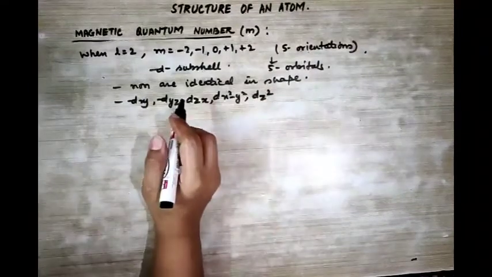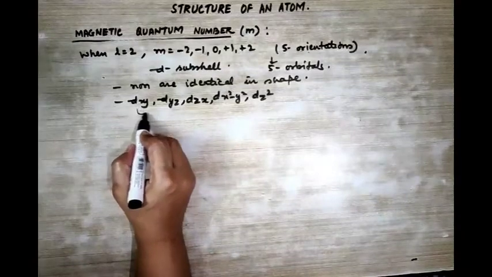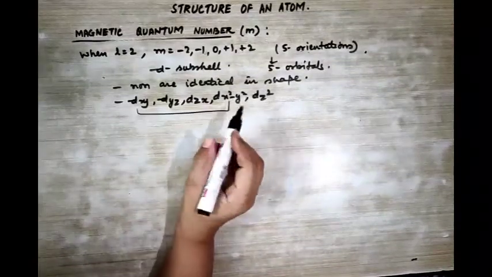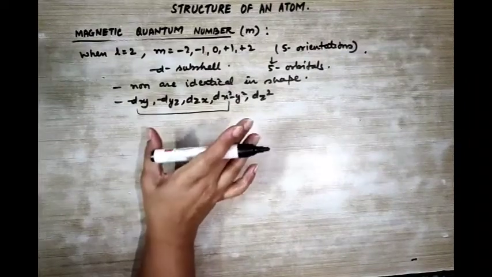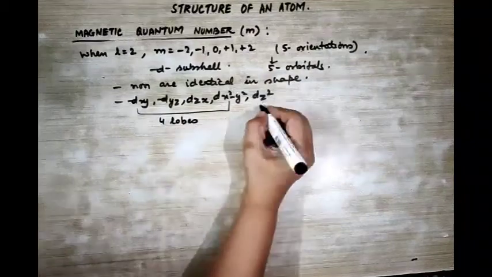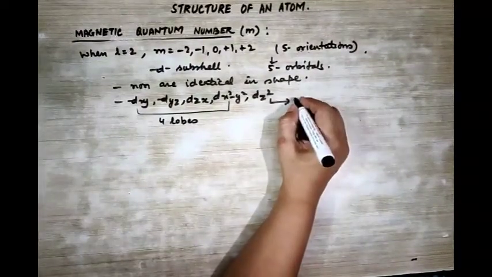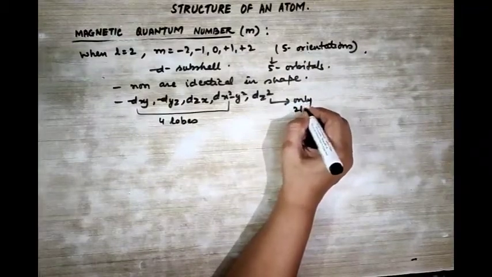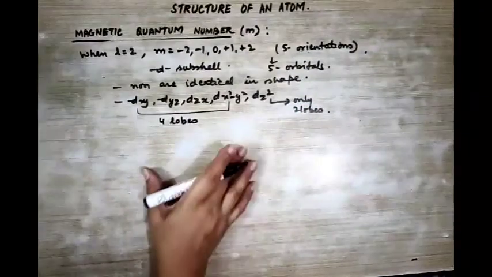Okay, out of this, the first 4 of them, 1 2 3 4 of these, right? 4 of the d orbitals, they contain 4 lobes. They contain how many? 4 lobes, whereas this one, it contains only 2 lobes. That all I'll explain to you just now when I show you the diagram.